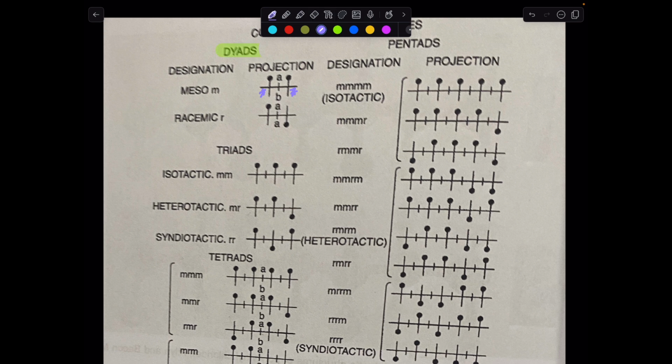In this case, the two pseudochiral centers have the same configuration, so it's called meso, or denoted by M. In this case, the two consecutive pseudochiral centers have opposite configurations, so it's called racemic and denoted by R. Note how in meso the two methylene hydrogens are not equivalent, and in racemic the two methylene hydrogens are equivalent.